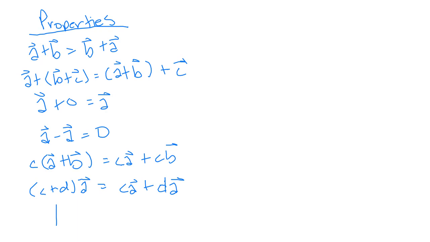And then lastly, 1 times A is just A. So just remember those properties. Like I said, most of those are common sense, but just in case you need them for something, or you're overthinking a problem, I know I do that a lot, it's nice to be able to look back at that.